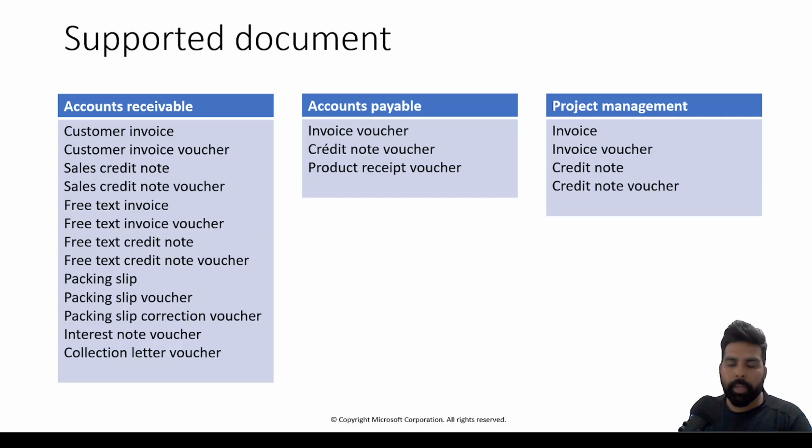So in Dynamics 365, all the number sequences are not supported by this chronological functionality which we have. There are certain set of documents or the vouchers which are supported by this functionality, and here is the list of those documents.